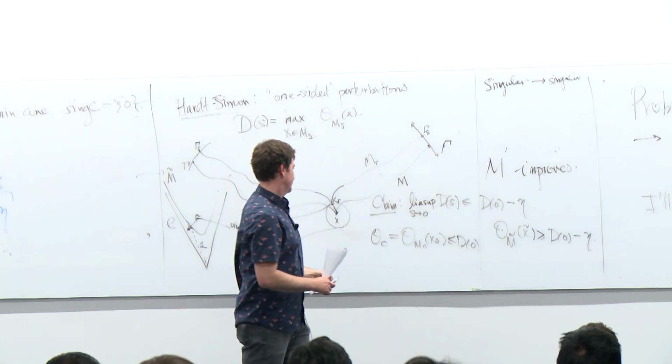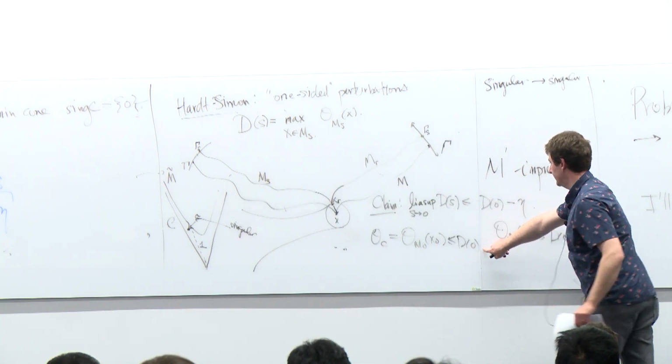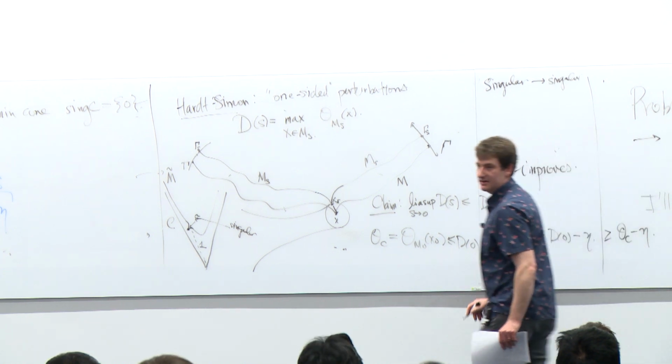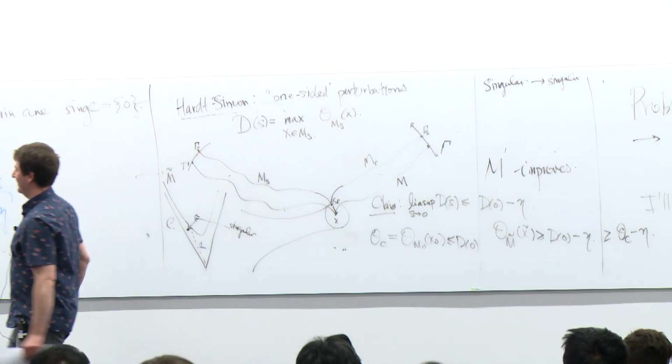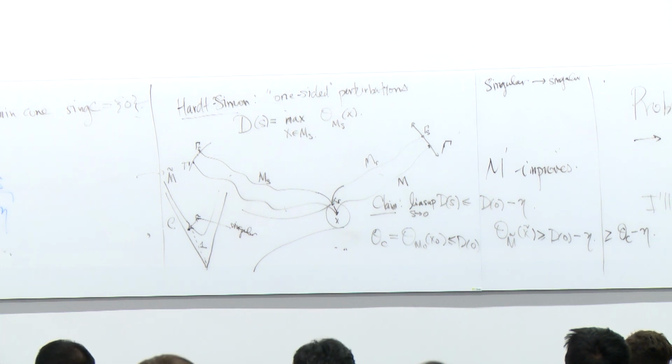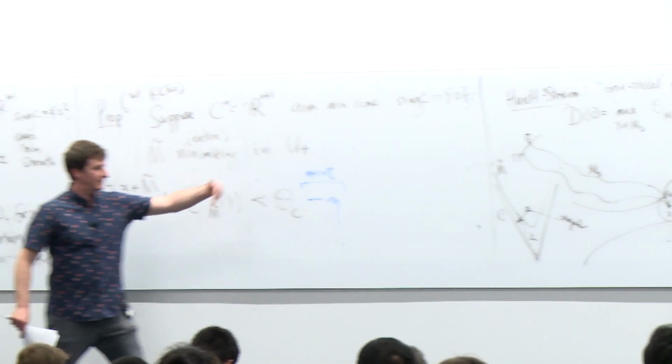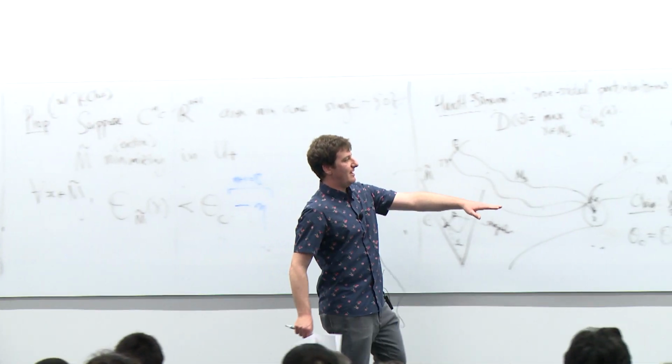But now this is bigger than or equal to theta of C minus eta, and that contradicts my theorem. I think I somehow jumbled that a little bit. So if you blow up this statement, you get this strict drop.